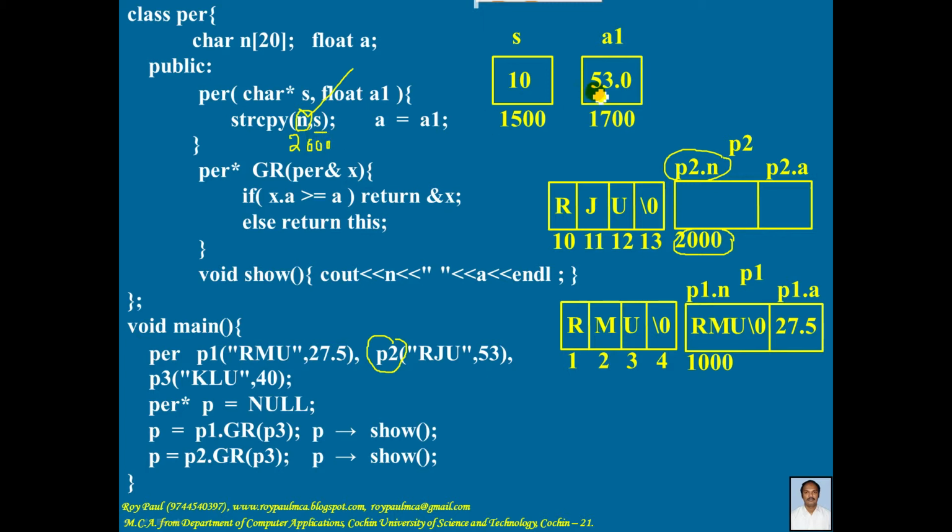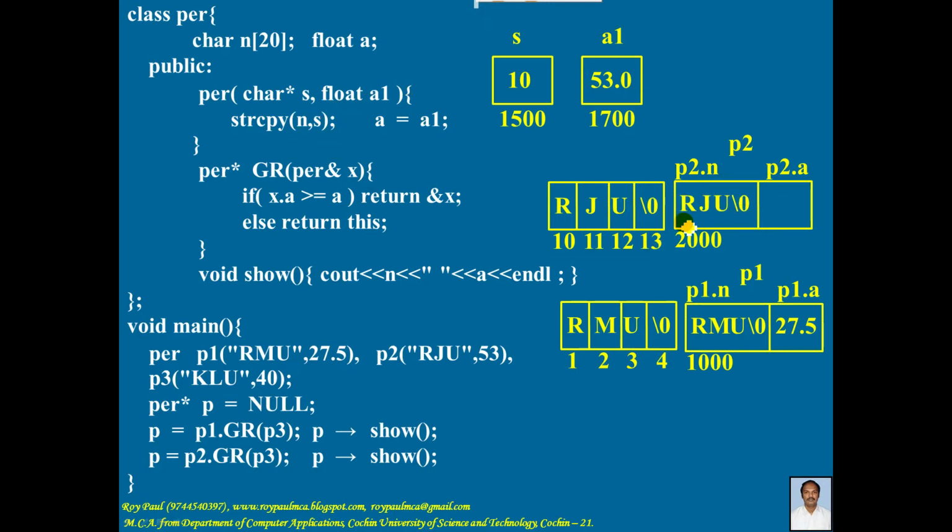Now s is a pointer variable, it contains pointer 10. What the string copy function does is that the second argument is copied to the first argument. That is, 10 is copied to 2000. That is, the string present at memory location 10 is copied to memory location 2000. This is the string present at memory location 10, so that is copied to memory location 2000.